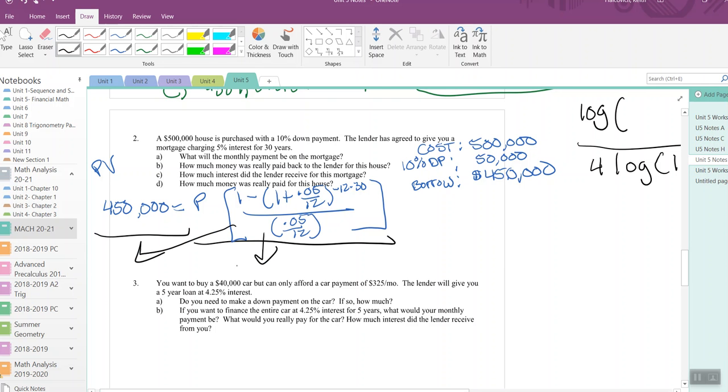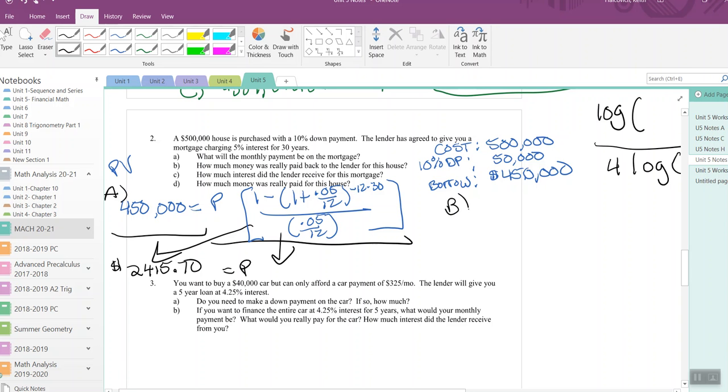And so that gives you the monthly payment of $2,415.70. So that's your monthly payment for part A.